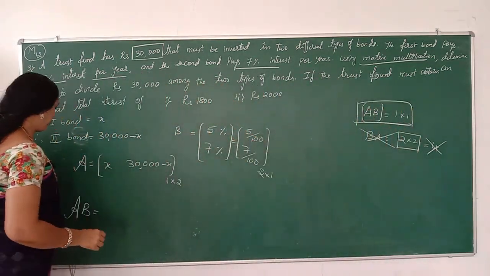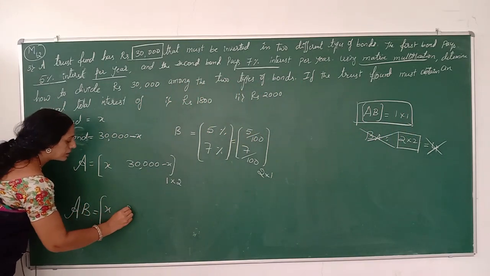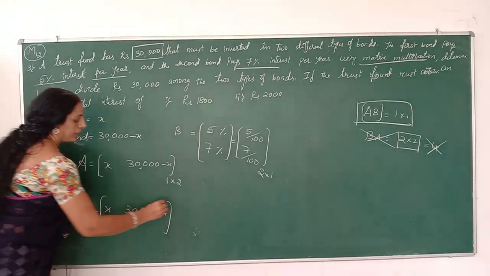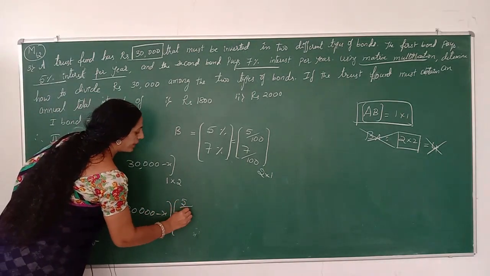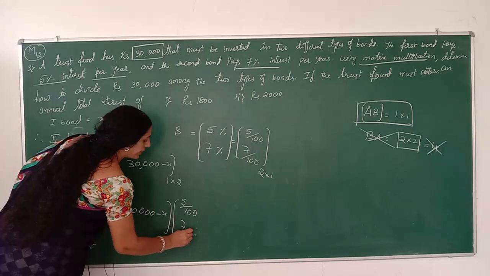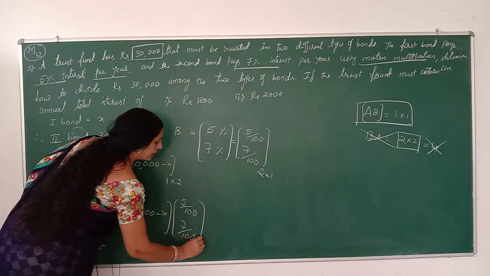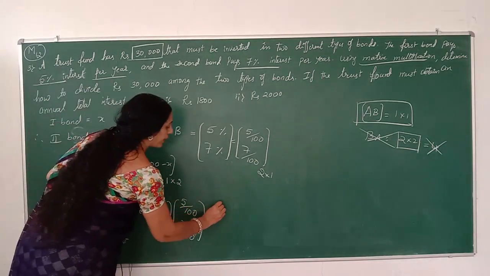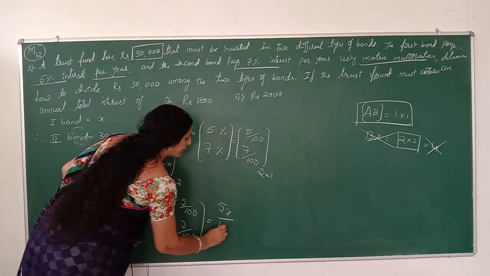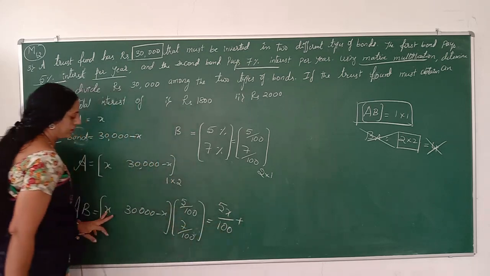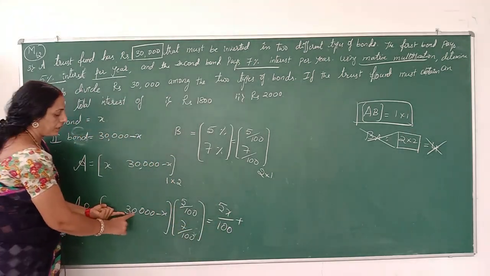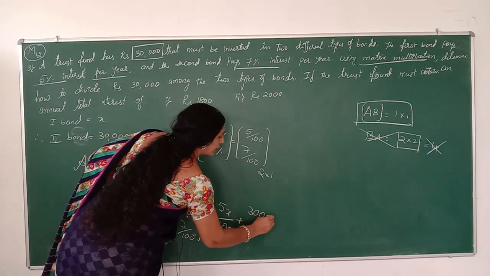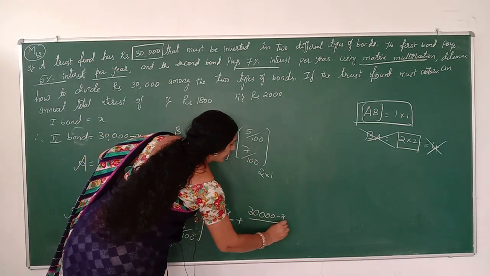So A into B means x, 30,000 minus x, into 5 divided by 100, 7 divided by 100. These two get multiplied: first into first, x into 5 is 5x divided by 100, plus second into second, 30,000 minus x into 7, divided by 100.